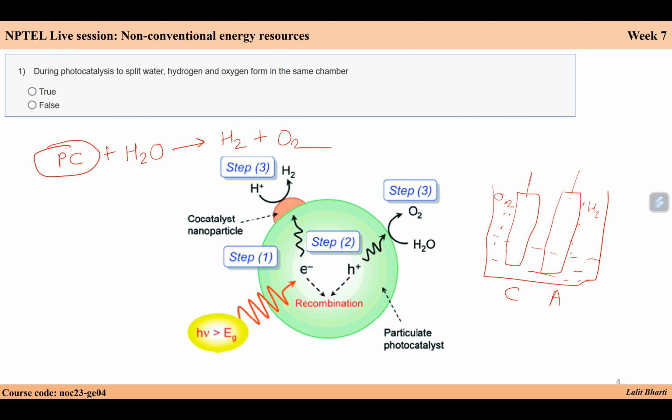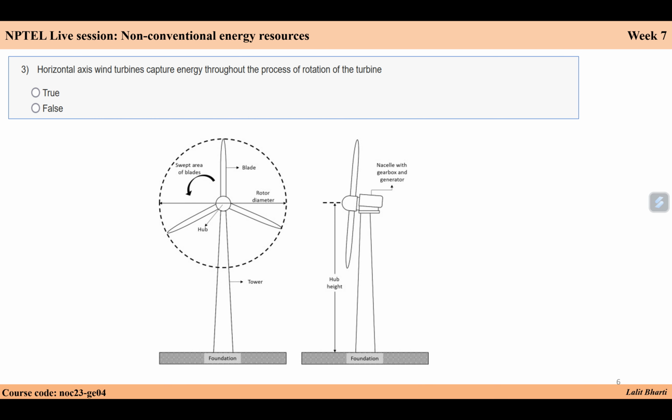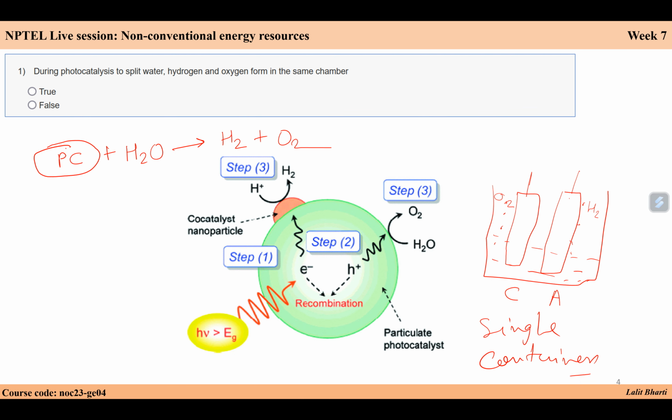So this whole setup is in a single container, or you can say in a single chamber. So this statement is true: photocatalysis happens in the same chamber, and oxygen and hydrogen evolution happens in the same chamber.